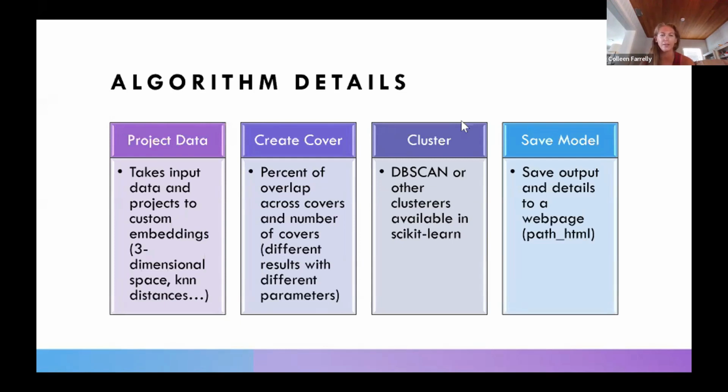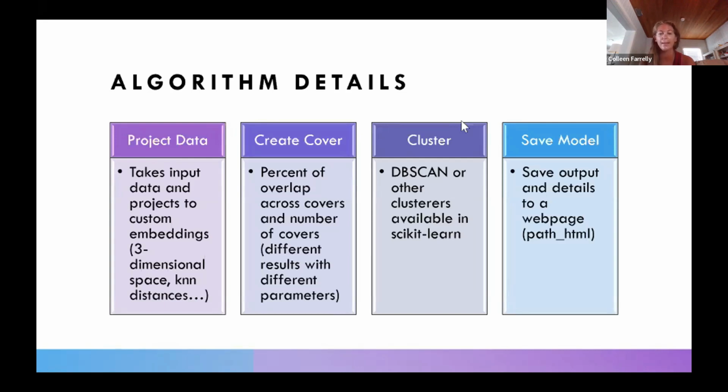This wrangles our data down to a nice usable size where we can create these functions and these covers. One of the really important things with this algorithm is the cover parameters. We look at the percent of overlap across covers and the number of covers that we want to use.